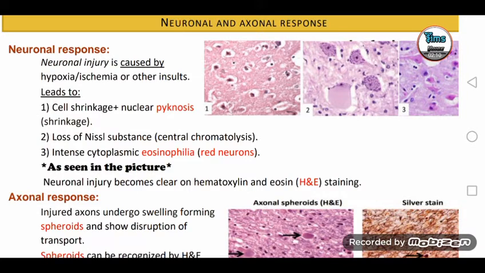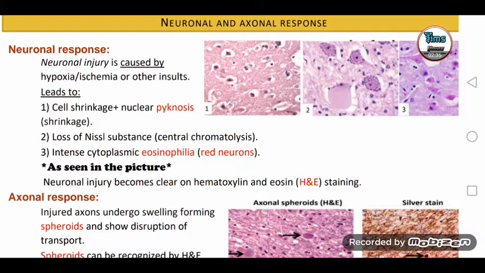So these injuries may lead to, first of all, cell shrinkage. Of course, we're here talking about the cell body of the neuron, not the whole neuron. So first of all, cell shrinkage and nuclear pyknosis. The cell body becomes smaller and the nucleus undergoes pyknosis. So let's recall together the definition of pyknosis.